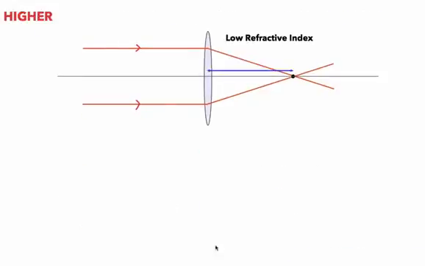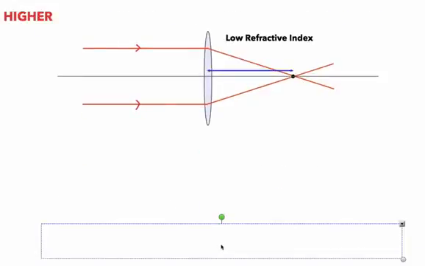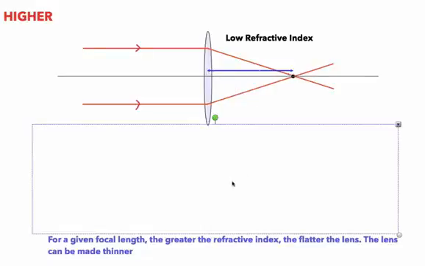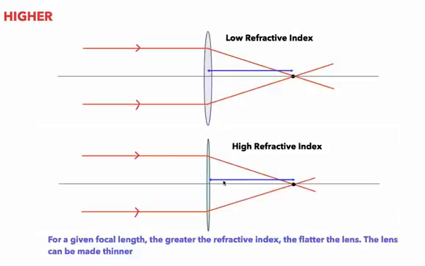Now, if you're doing the higher paper, it's also important for you to remember this. For a given focal length, the greater the refractive index, the flatter the lens. So let's keep the focal length the same as we have in this diagram here. If you look at the second diagram, we've got the exact same focal length, so that distance there is exactly the same, but we've got a material with a higher refractive index, and the consequence of that is that we can make the lens much thinner.